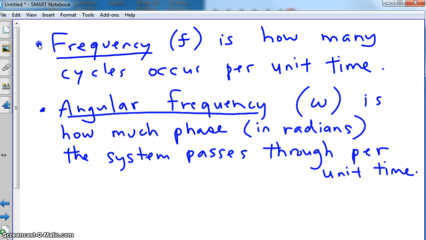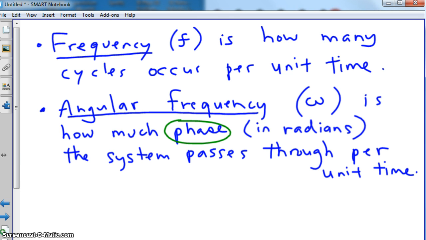Angular frequency, which gets the variable omega, lowercase omega, is not how many cycles occur per second, it's how much phase occurs per second. How much phase does the system pass through per unit time? That's what angular frequency is.